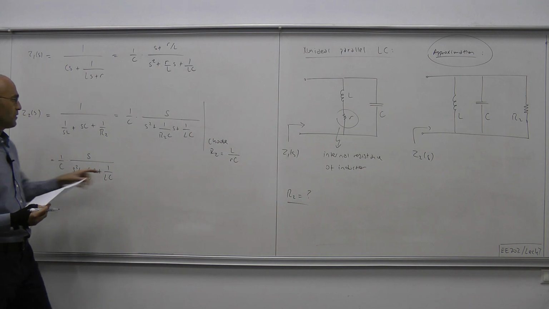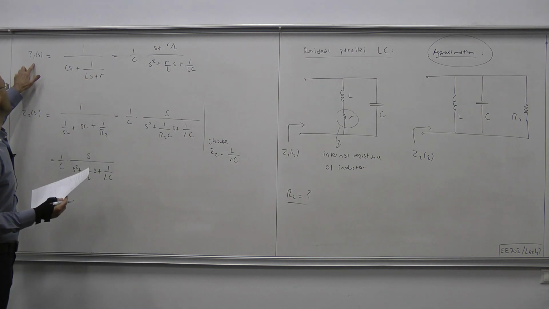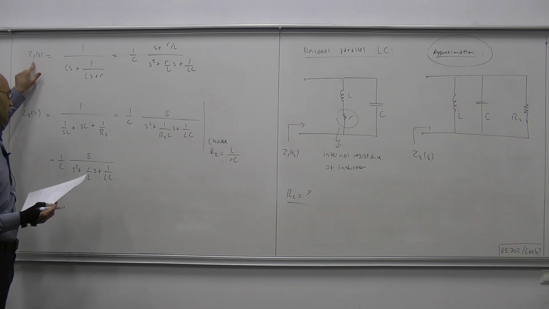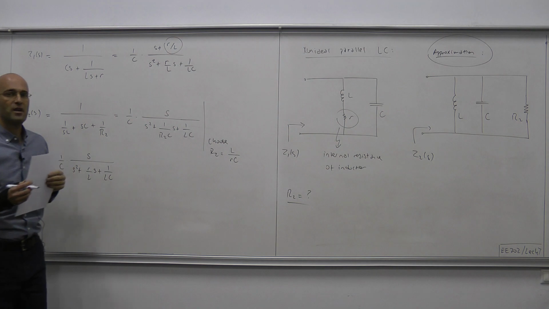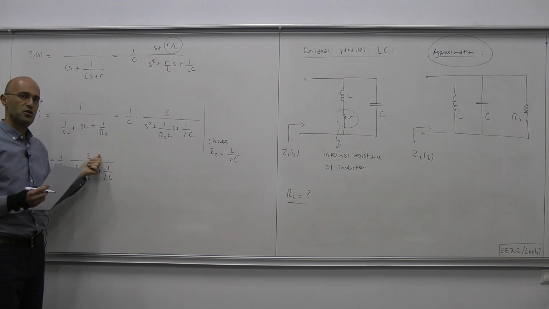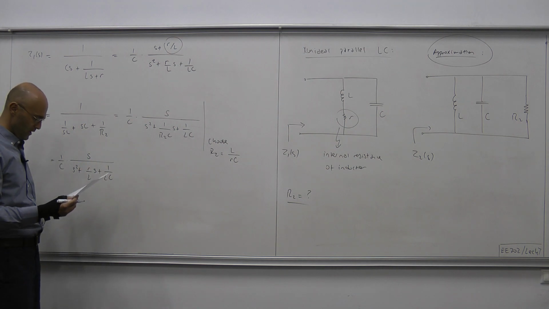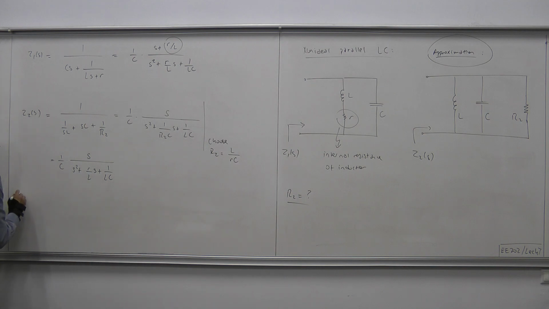So this is Z2 after our choice, and this is the original impedance Z1. Note that they are not the same due to the term r over L in the numerator of Z1, which in Z2 we don't have. Now here is an important observation. Let's put it down.